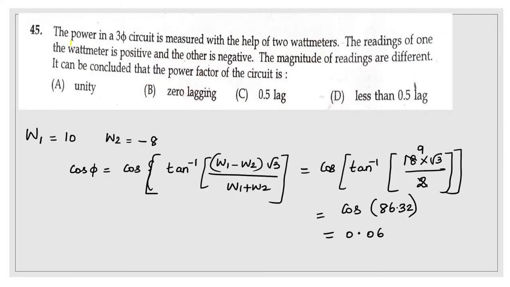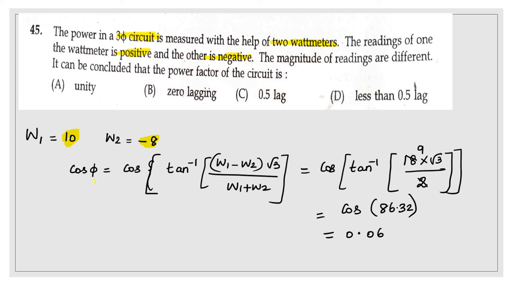Next, the power in a 3-phase circuit is measured with the help of 2 wattmeters. The reading of one of the wattmeters is positive and the other is negative. The magnitudes of the readings are different. It can be concluded that the power factor of the circuit is. So take one wattmeter reading as 10 and another as minus 8. Both are not equal, and one is positive and another is negative.